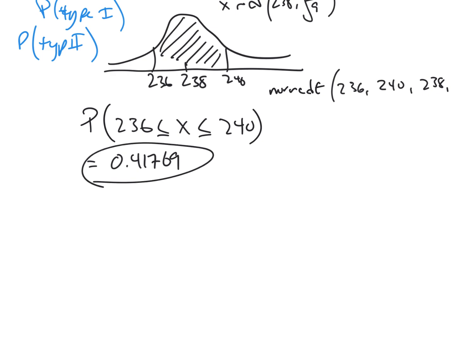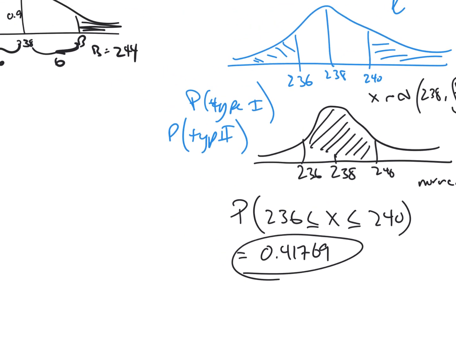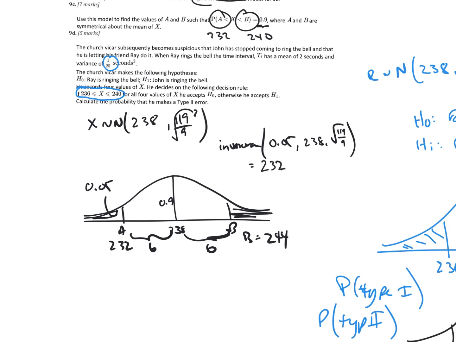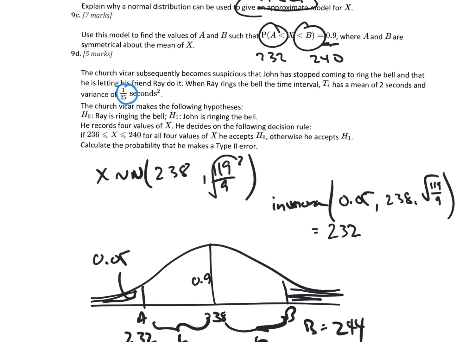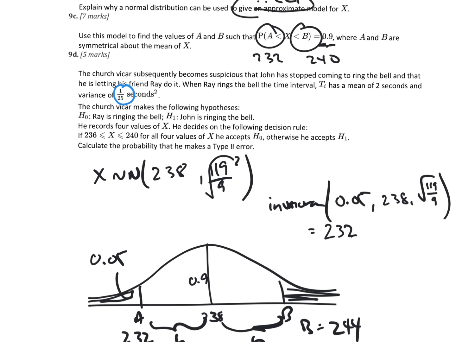Now this is for one ring of 19 or 20 bells. However, the vicar is going to look at doing it 4 times. He decides to follow this rule. If he does it 4 times, he will reject the null hypothesis and say Ray is ringing it.